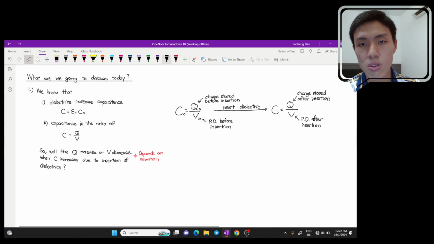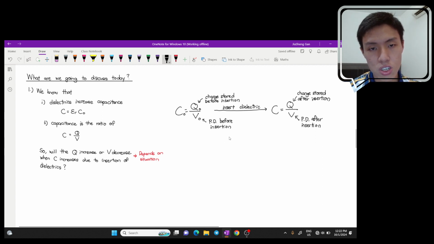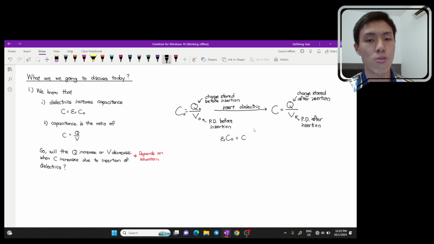What we know right now is, because of this equation, C naught multiplied by the relative permittivity gives us an increased capacitance. This is what we know from earlier. So definitely C naught will be less than C, because the capacitance increases.